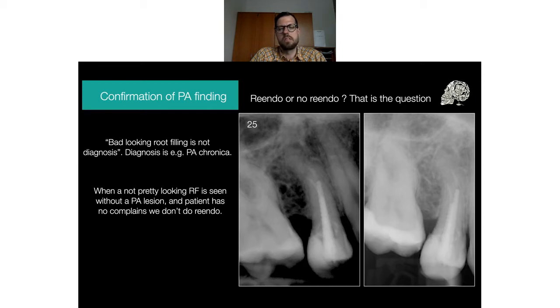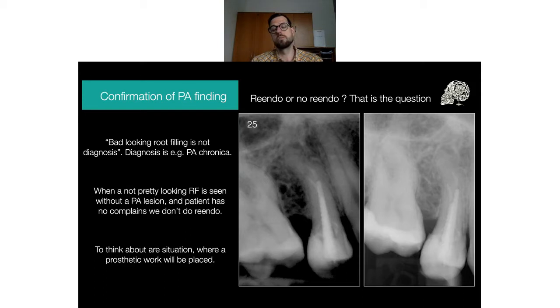Myself, definitely not. The only thing is to think about our situation where a prosthetic work will be placed. So, for example, a crown will go there, and the patient is paying a lot of money. And we must think about the situation that, for example, in the future there can be a problem, and there is also the crown and stuff like that. So we must think about it. But normally, when there is no PA lesion, we are not doing re-endo.